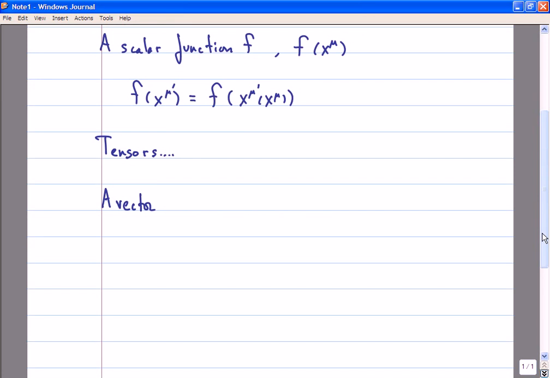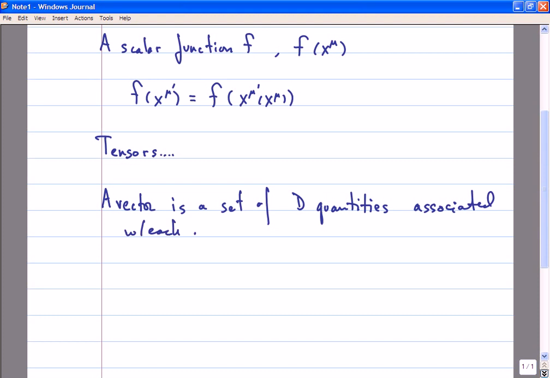If our manifold is d-dimensional, then a vector is a set of d quantities, or d functions of the coordinates, associated with each coordinate system, which transforms in the following way.